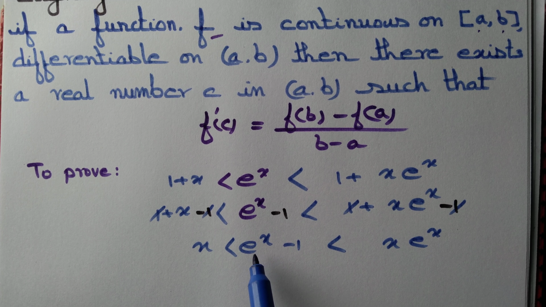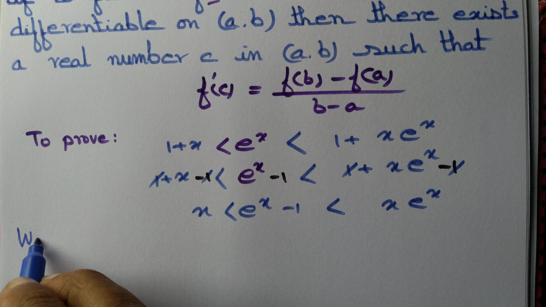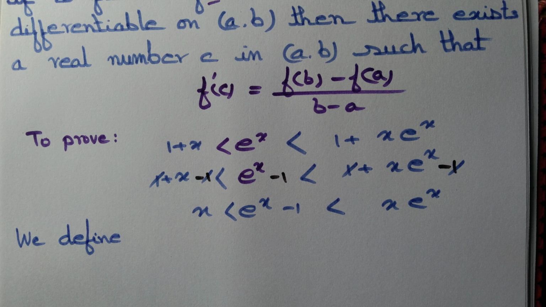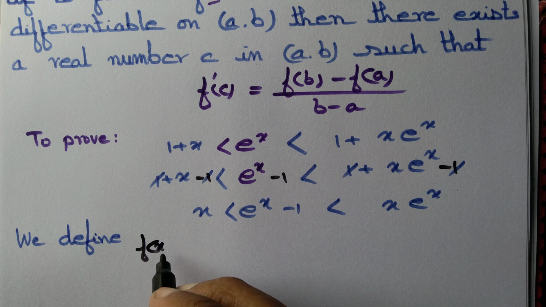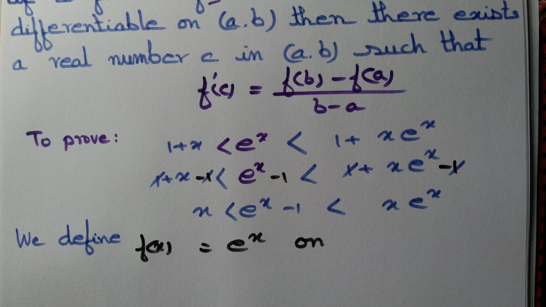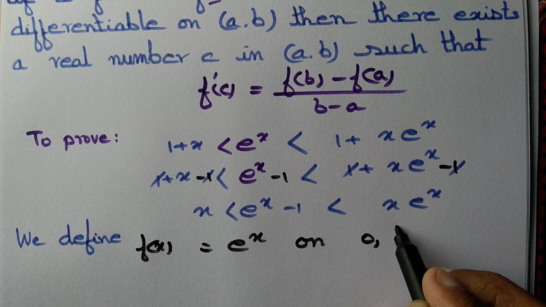Now you see, we get something like f(b) minus f(a). So we define f(x) equal to e to the power x on the interval [0, b].